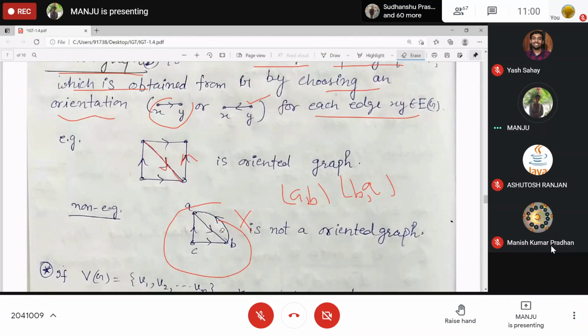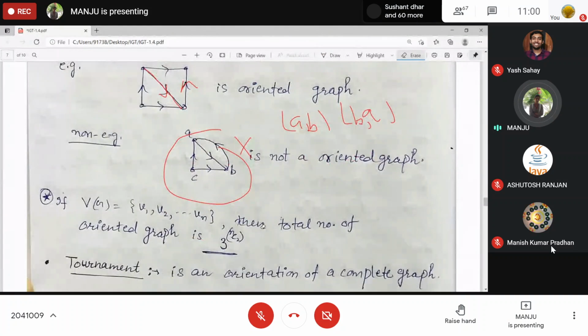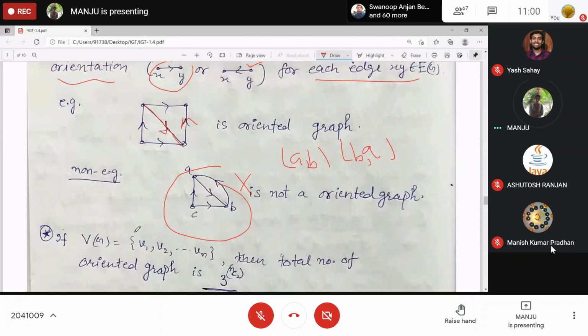Clear? You can remember this fact: if you have n vertices, then the total number of oriented graphs will be 3 raised to the power nC2. Why nC2? It is the total number of edges existing between any n vertices.